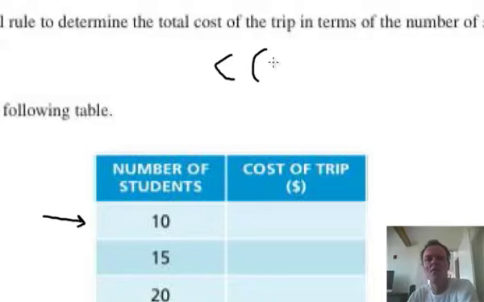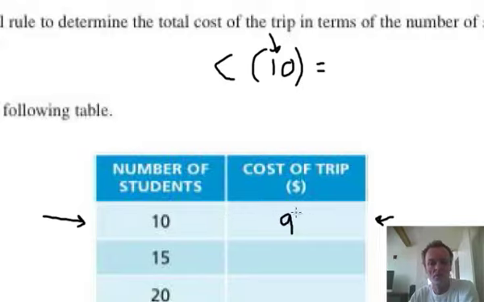C of 10 equals what? And that's what I'm going to put right here. The cost for 10 students. I'm replacing the x right here with a 10. 2 times 10 is 20, plus 78, it's 98.